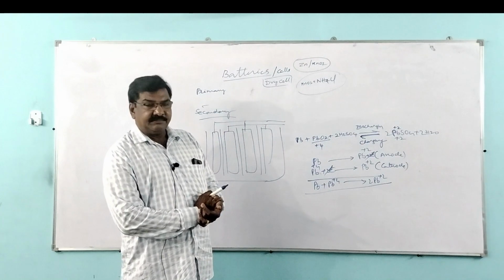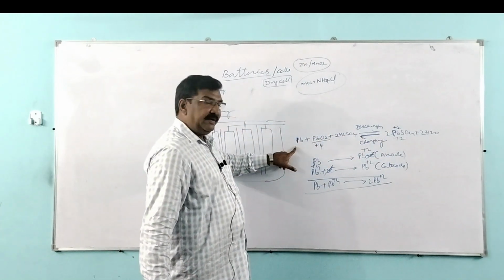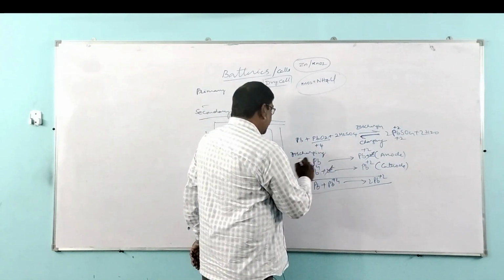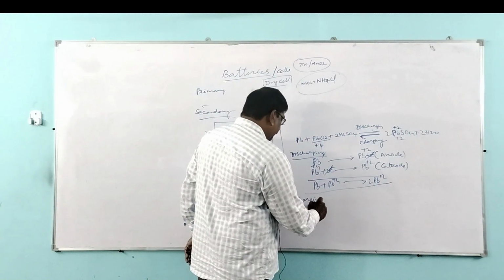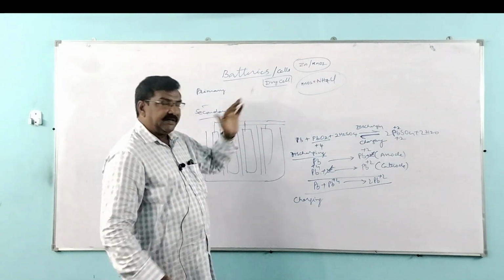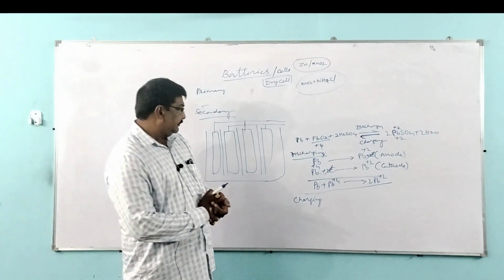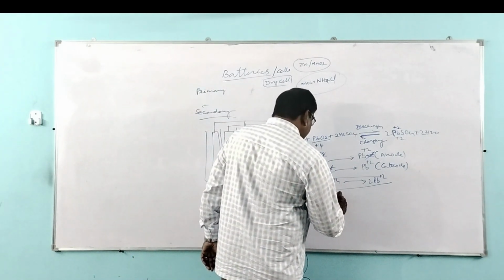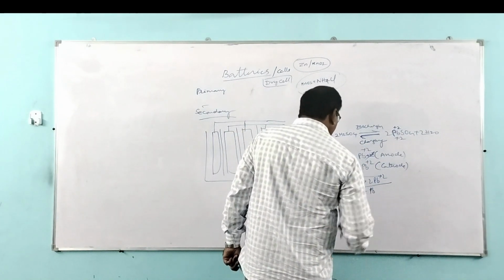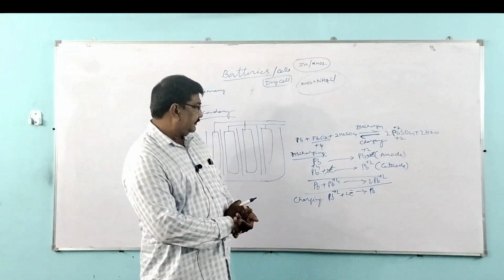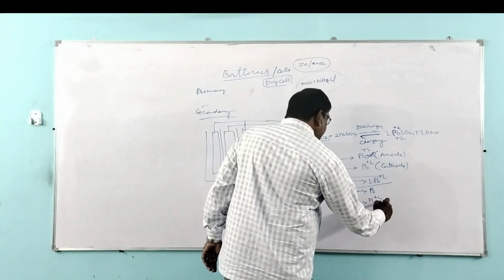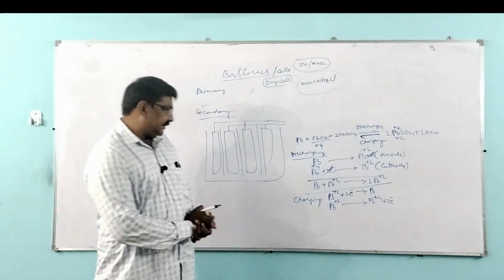This is the discharging process. During charging, Pb2+ is converted into Pb by gaining electrons, and Pb2+ is converted into PbO2, or Pb4+. Pb2+ takes 2 electrons and is converted into Pb, and Pb2+ loses 2 electrons and becomes Pb4+.